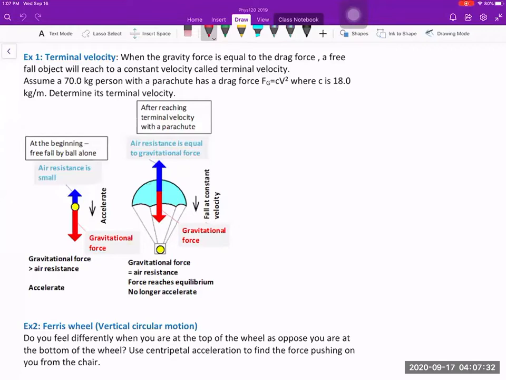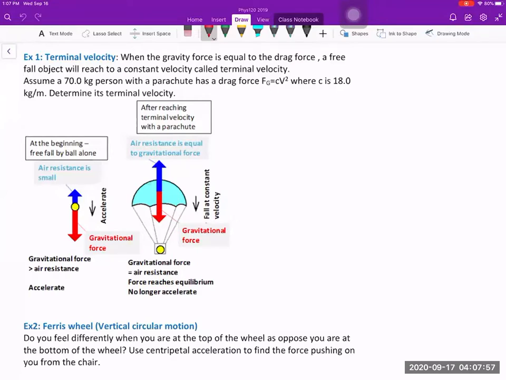Therefore, you can see the blue line represents the air resistance. If you didn't open a parachute, yourself has a very small area, like a small object, so the resistance is small. However, the gravitational force is way larger than the air resistance. Therefore, the red color representing gravity is longer than the blue one.